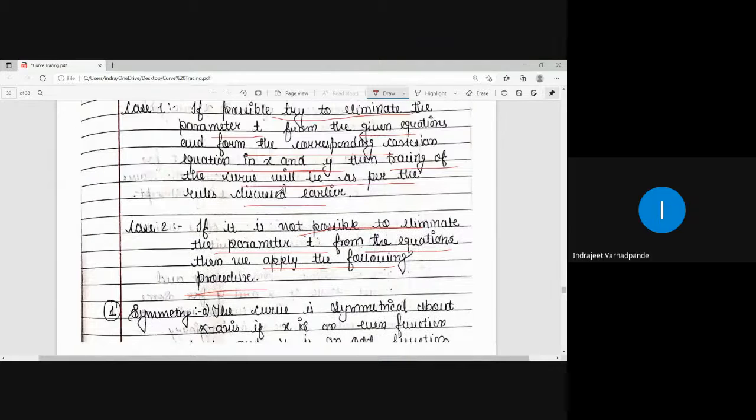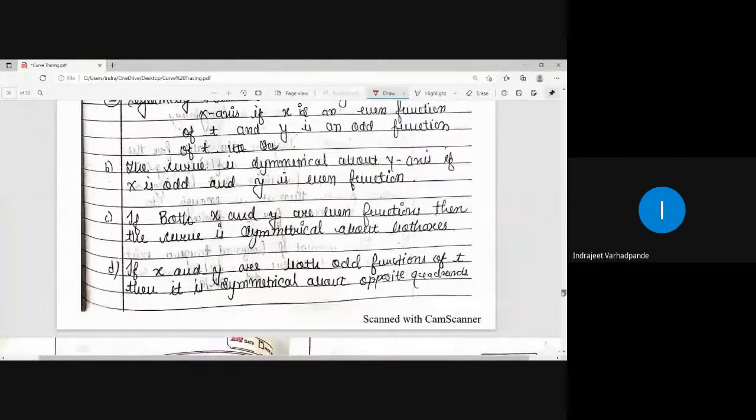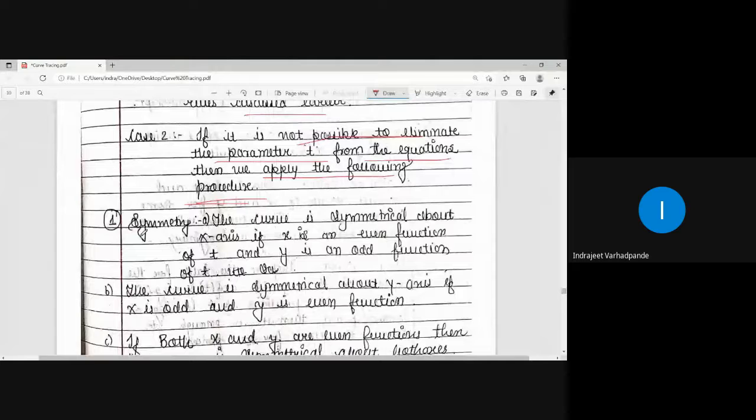Now the very first point is symmetry. As in the earlier case, we have to discuss whether it is symmetrical about the x-axis, about the y-axis, about both the axes, or about the origin. Point number 1: the curve is symmetrical about the x-axis if x is an even function of t and y is an odd function of t.